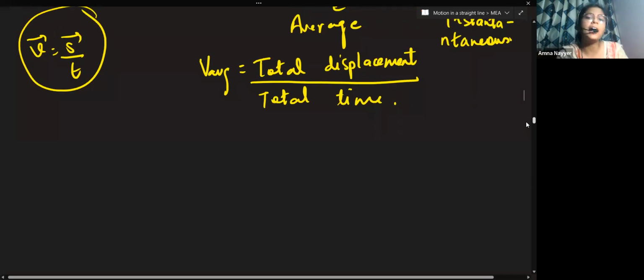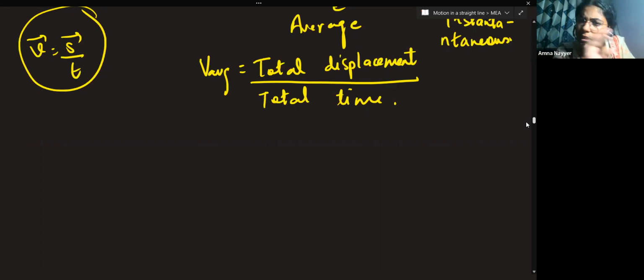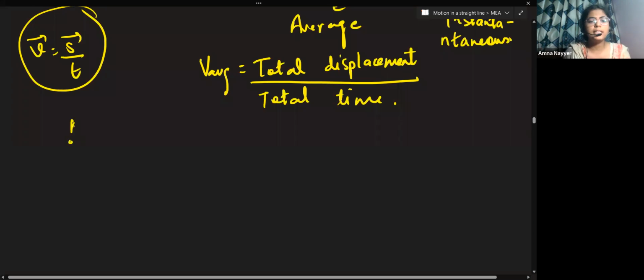So before that, in case of average speed, even if you're able to calculate the total distance, do not calculate it yet. Like if I tell you, let's say a body started from A point, then from A point the body reached this point D, and let's say this is 10 meters and the time taken here is 3 seconds.